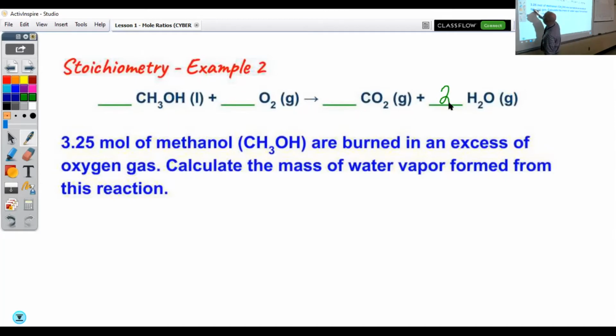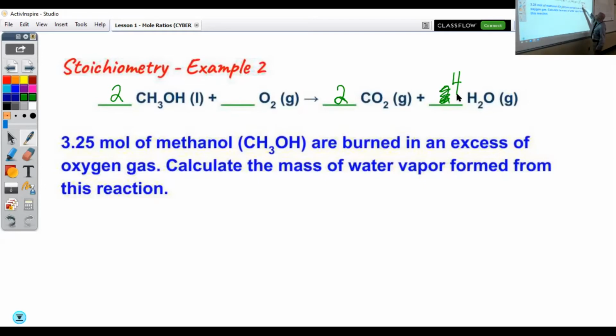So we're going to begin by putting a 2 in front. This was a 1, we're going to make that a 2. And this was a 2, we're going to make that a 4. So now let's go back and take a look. We have 2 carbons, we have 2 carbons. We have 3 plus 1 is 4 times 2, that's 8 hydrogen.